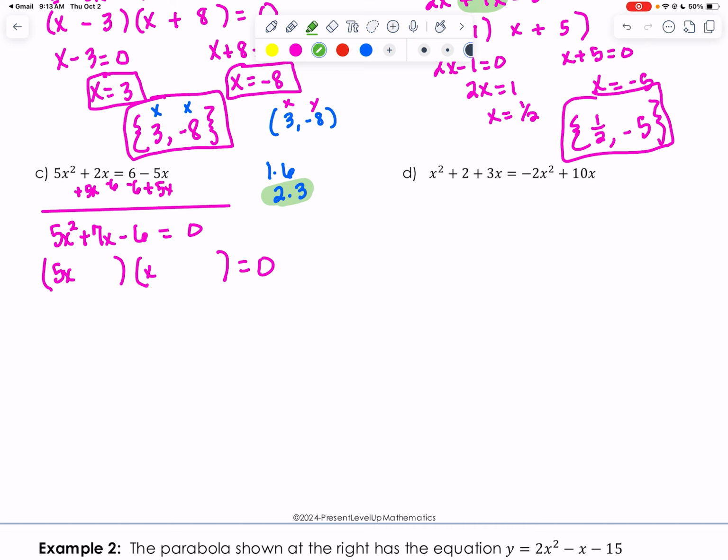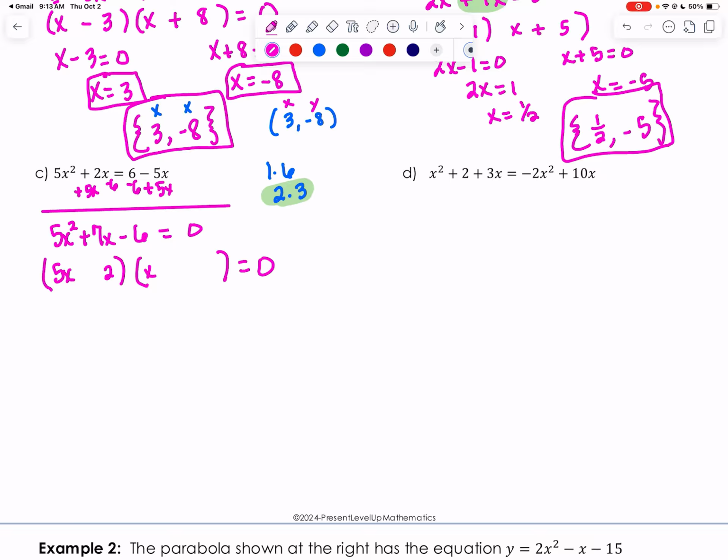It doesn't always work, but generally it's a little bit quicker if you try the ones that are closest together. So I'm going to try 2 and 3. If 2, 3 doesn't work, then I'll try 3, 2. If neither of those work, then I'm going to move on to 1, 6. All right, so let's try the 2, 3 first.